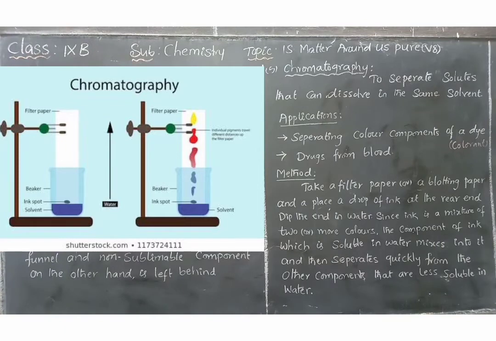The color most soluble in water comes faster than the less soluble one. In this manner, we can separate the colors by using the chromatography technique. You can learn the activity in your textbook, refer to the textbook also.